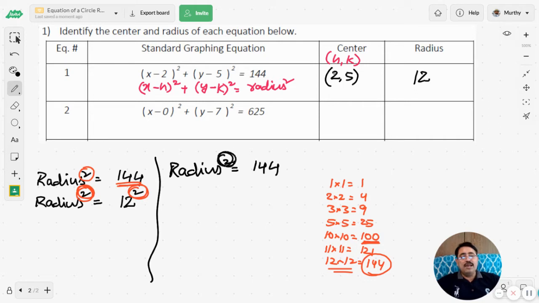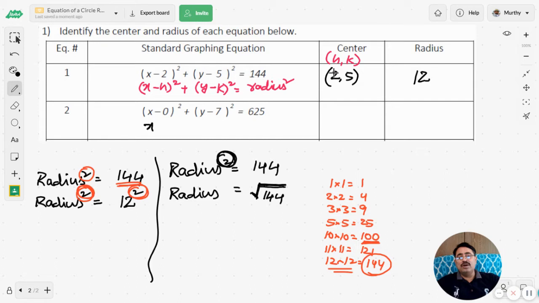In order to eliminate the square, we take the square root on the other side. The inverse operation of square is square root. Therefore, the value of radius is square root of 144. You can make use of a calculator. You'll get the same 12. Let me take the next question.